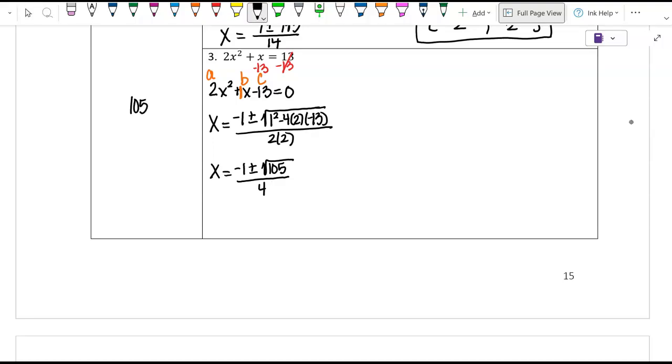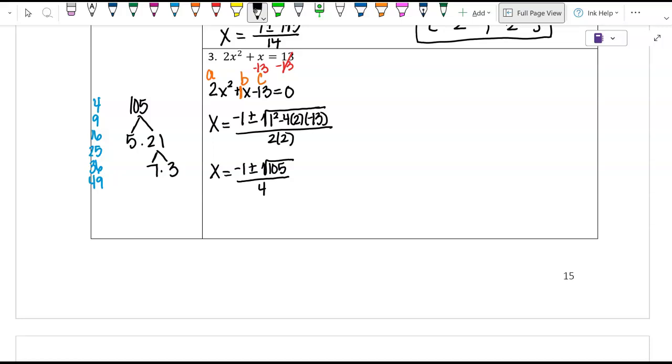And if I go through all those perfect squares, if I look at 4, 9, 16, 25, 36, and 49, I find that none of those go into 105. 105 is 5 times 21. 21 is 7 times 3. Those are all prime numbers, which means we do not have anything we can simplify.